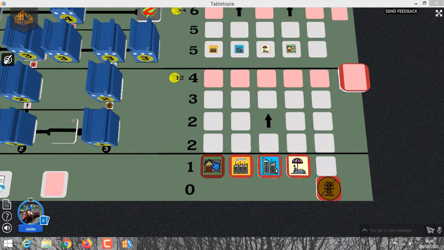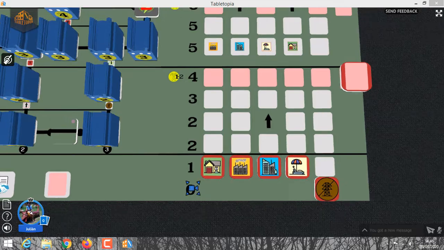In this case, these income markers are giving us a total income of 4, because each one of them has the value of the number drawn here at the left. So in this case, each one of these incomes has a value of 1, so our starting income is 4 coins.